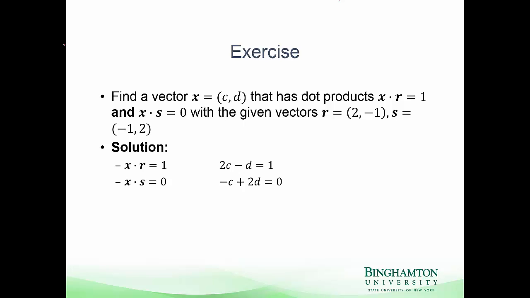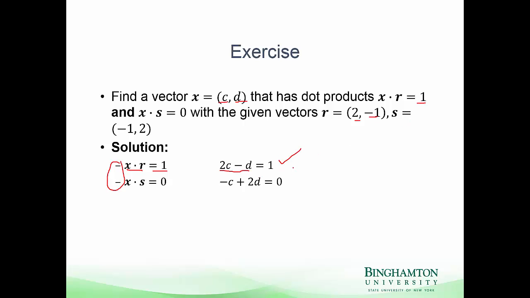So here's our solution of that. If we take, these are not negative signs out in front of here, those are bullets. So if we take x dot r is equal to 1, so if we take C times 2 plus D times -1, that gives us that expression. So that's the inner product, and that has to be equal to 1.